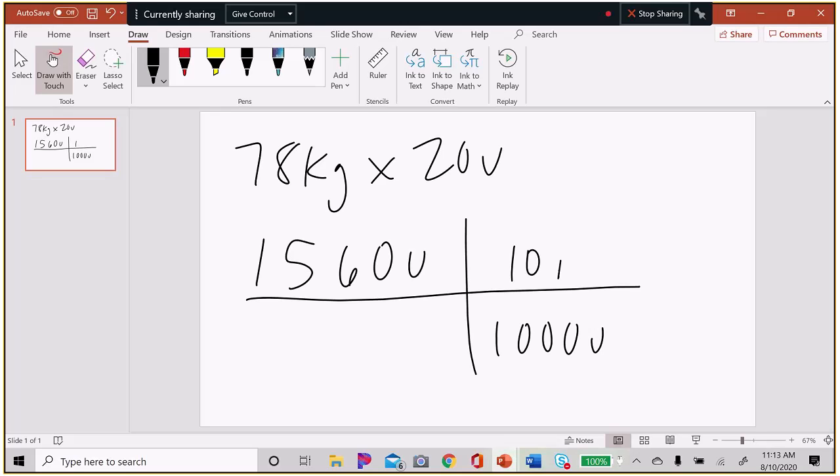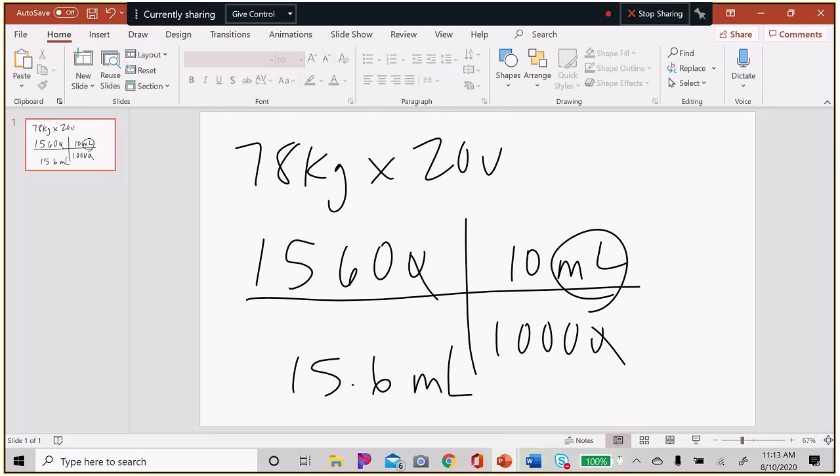So I can get rid of the units, and I'll end up with the answer in milliliters. 1,560 times 10 is 15,600 divided by 1,000 equals 15.6. So that was the answer for that one.